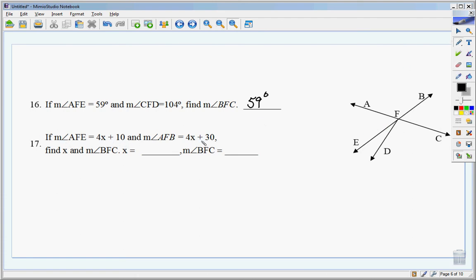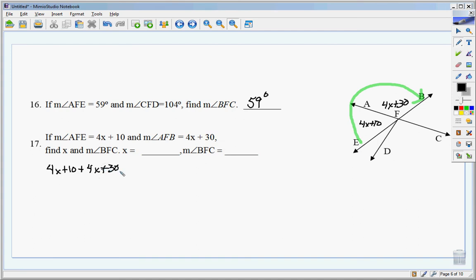AFE is 4x plus 10. AFB is 4x plus 30. I should be able to see that they've given me two angles that form a linear pair. So I'm going to take those two pieces, 4x plus 10 plus 4x plus 30.